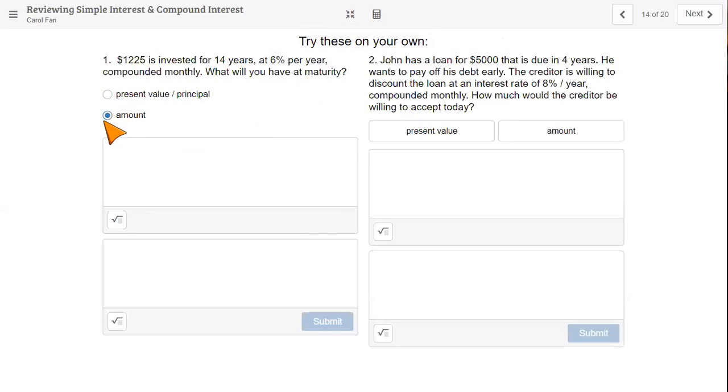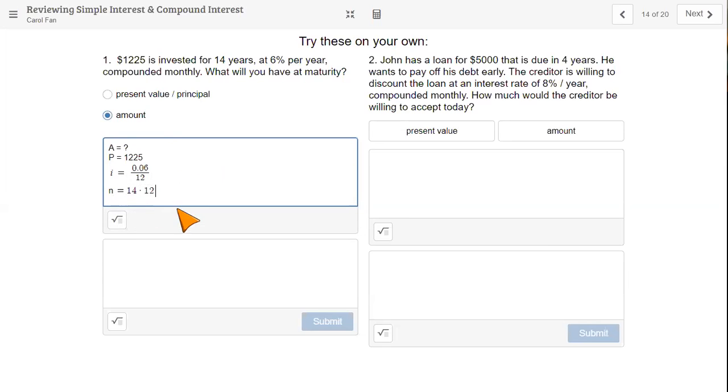Well, we're looking for the final amount because we know that this is the original investment. So let's sort out our information. A is unknown. P, 1,225. Interest is 0.06 divided by 12, and N is 14 years times 12.